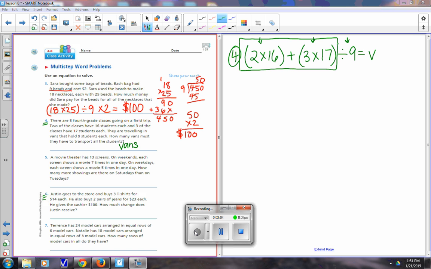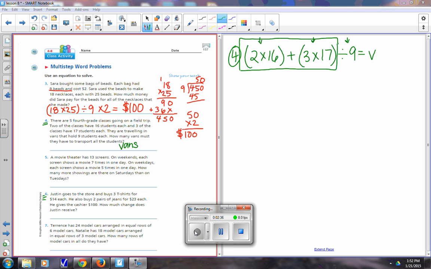I can read number 5 to you, and we can decide what the label is so I can kind of get you in that direction. A movie theater has 13 screens. On weekends, each screen shows a movie 7 times in one day. On weekdays, each screen shows a movie 5 times in one day. How many more showings are there on Saturdays than on Tuesdays?